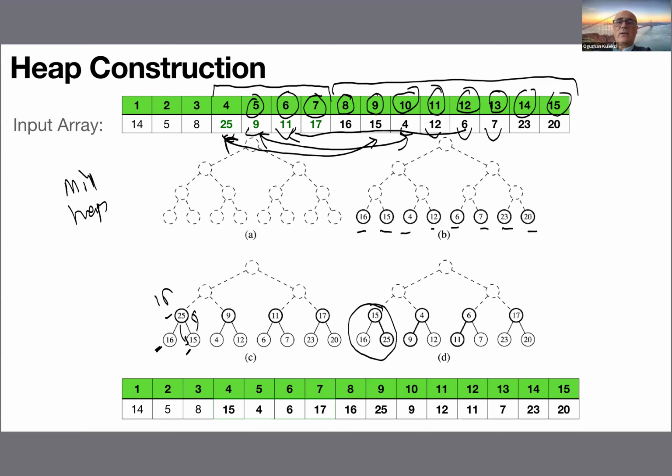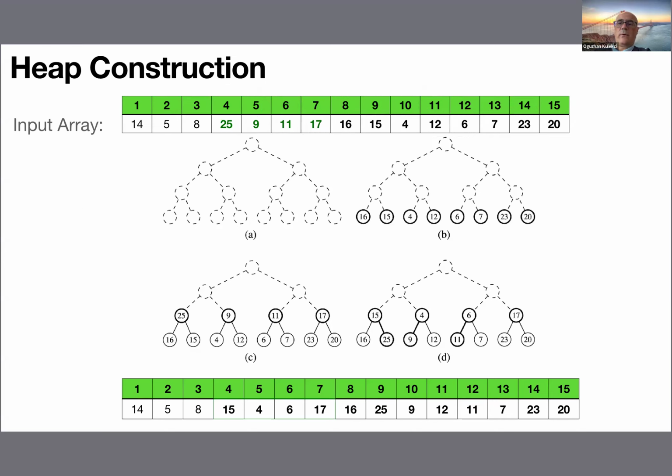At the end of those verifications, you are done with the last 2 levels of your heap. Up until now, everything is under control and you have this structure. In other words, you have converted this input array to this one.